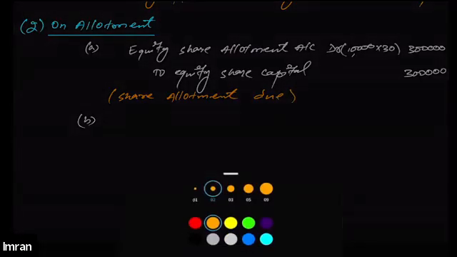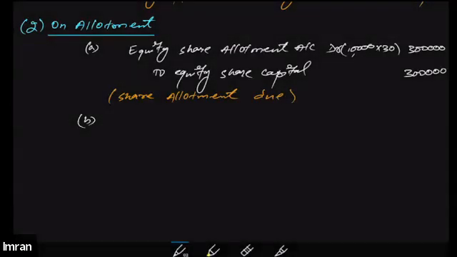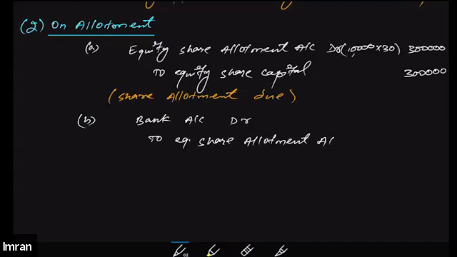Then we will pass one more journal entry for the receipt of allotment money. That will be bank account debit to equity share allotment account. The amount will be 3 lakhs.